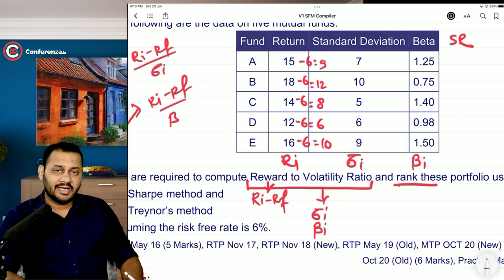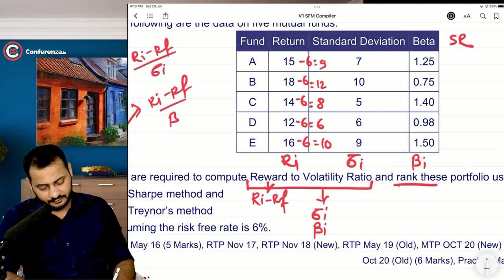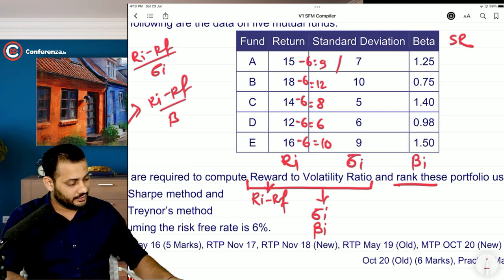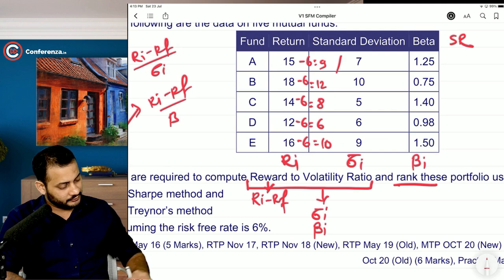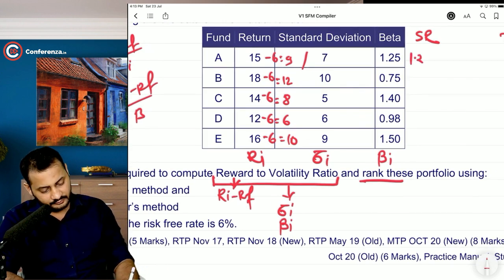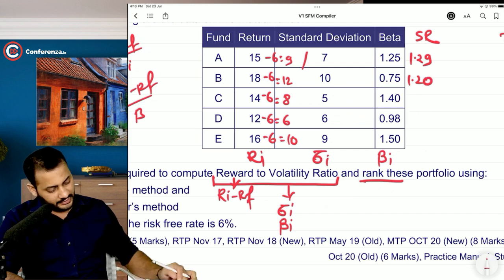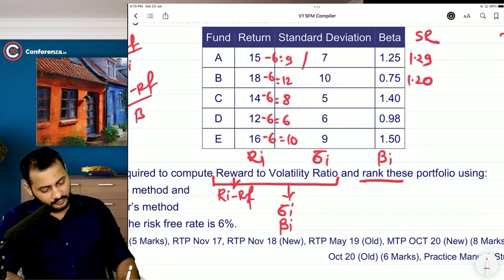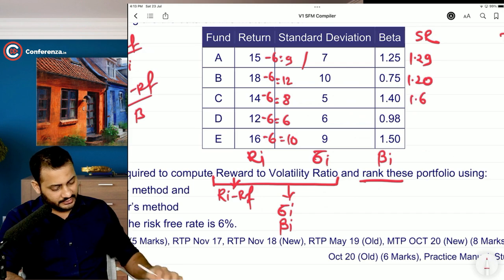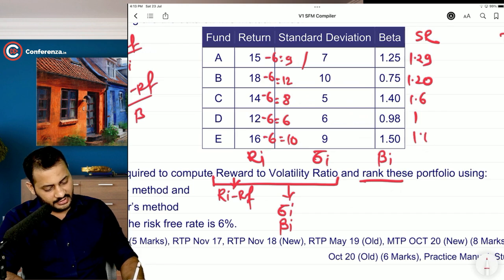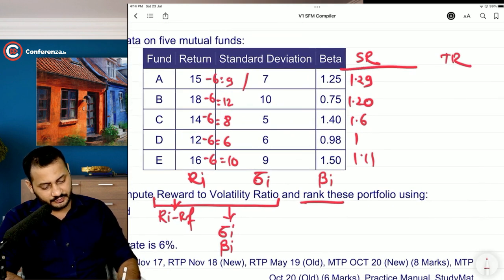Then 9 divided by 7, 1.29. 12 divided by 10, 1.20. 8 divided by 5, 1.6. 6 divided by 6, 1. 10 divided by 9, 1.11. These are the Sharpe ratios.